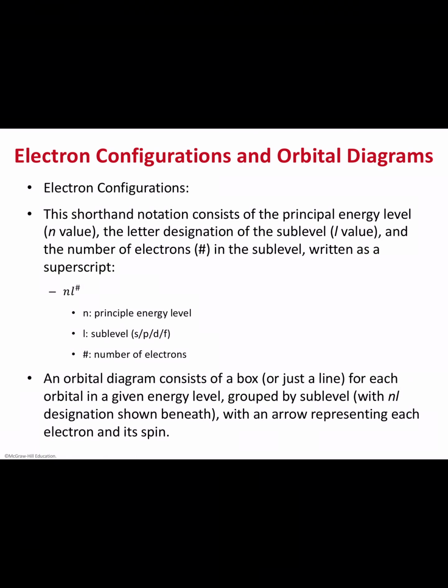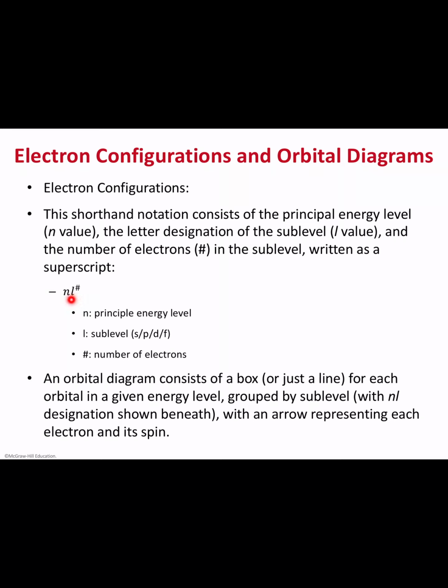So electron configuration: we're going to use a shorthand notation, which is like this, nL and then the number. The shorthand notation consists of the principal energy level, which is the n value, and then the letter designation of the sublevel.